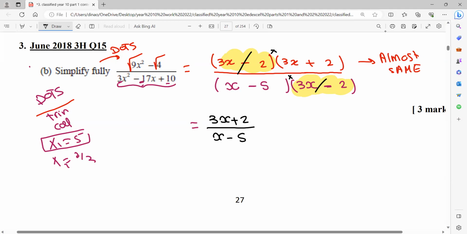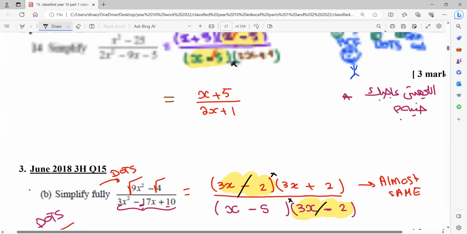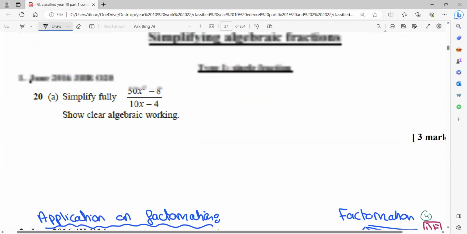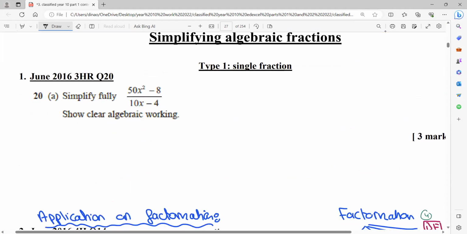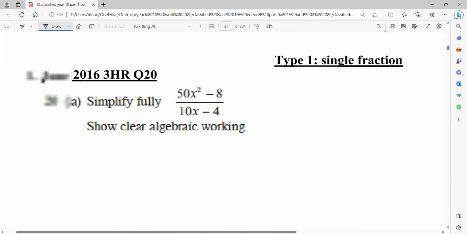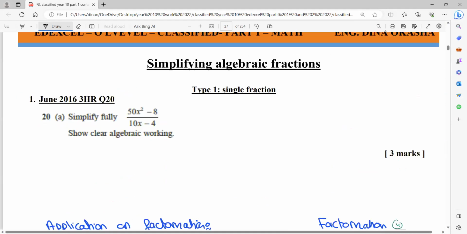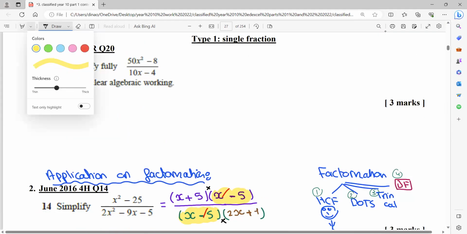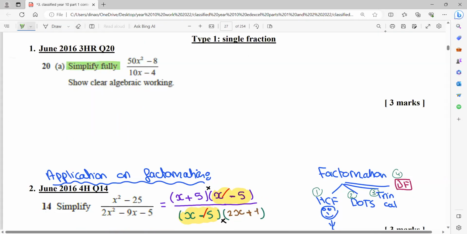Now let's try and move on to questions that have double factorization, such as this question over here. You'll find that the question here says simplify fully, or it could say simplify completely, while the question here says simplify only.